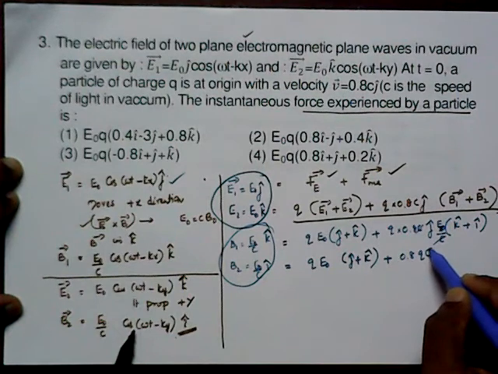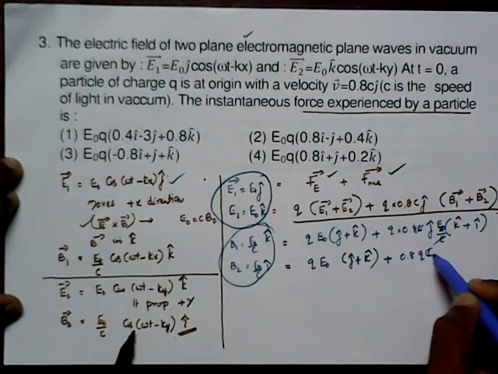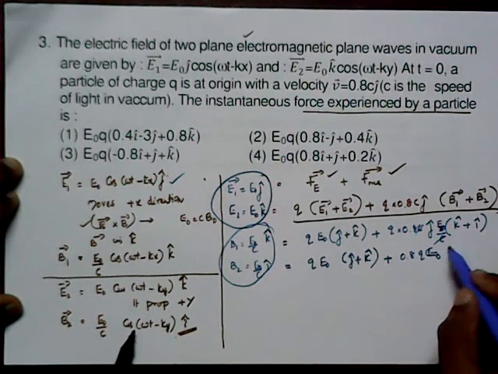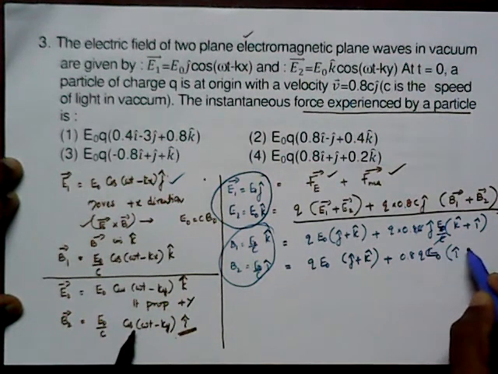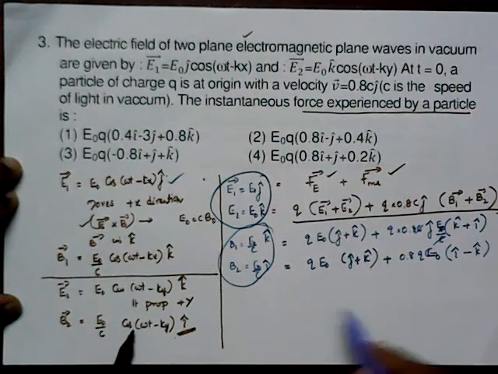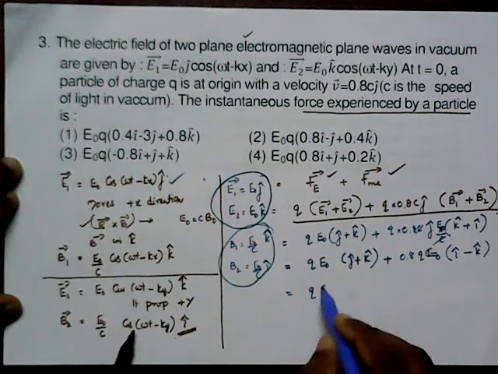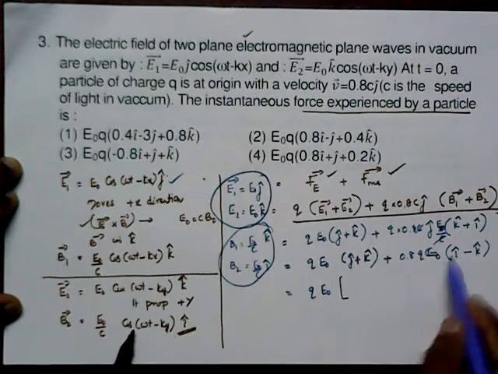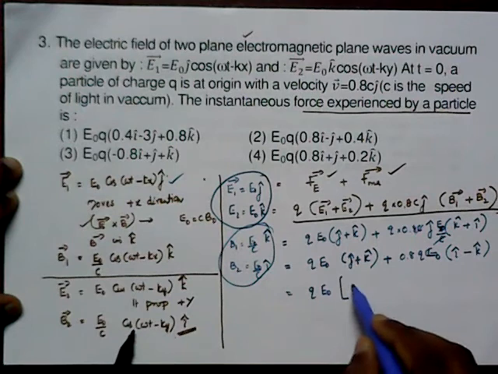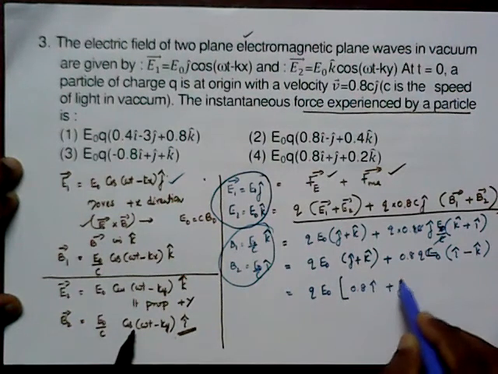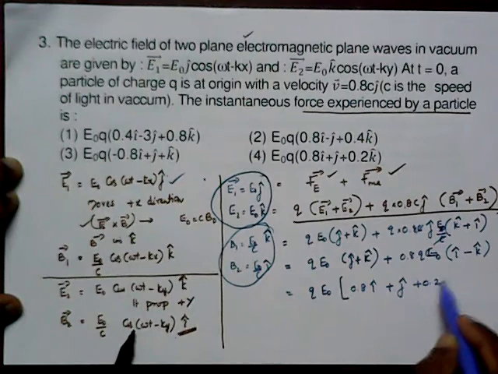So we get 0.8 Q E0 into j cross k, you know the value as i, and j cross i, you know the value as minus k cap. So that is equal to Q E0 into, taking these two together, the value 0.8 i plus j plus 0.2 k.